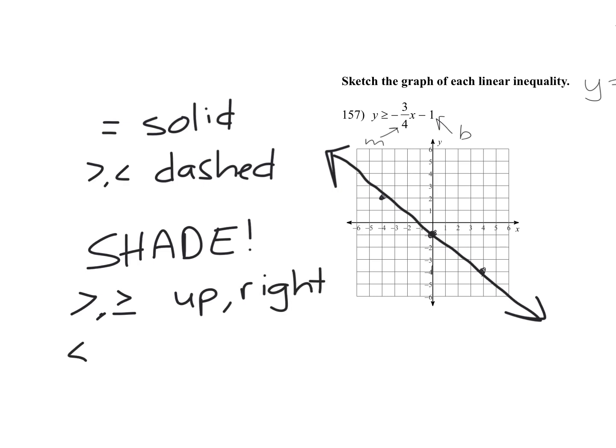If it's less than or equal to, we shade up or down? Down, and left. Write that down so you don't even have to think about it on the test. I'll give you time to write that down. On 157, is it greater than or less than? Greater than, so do we need to shade up or down? Up.